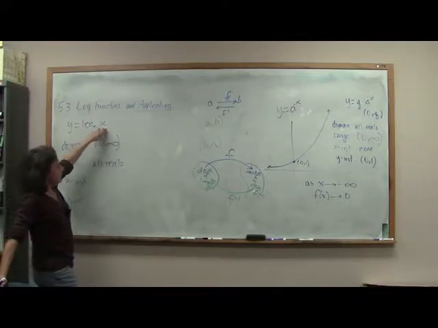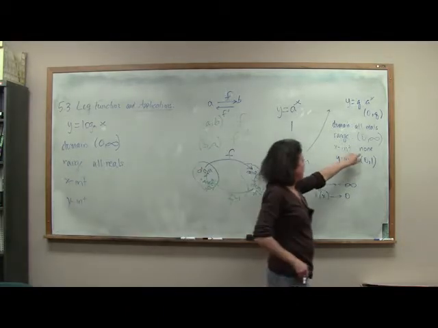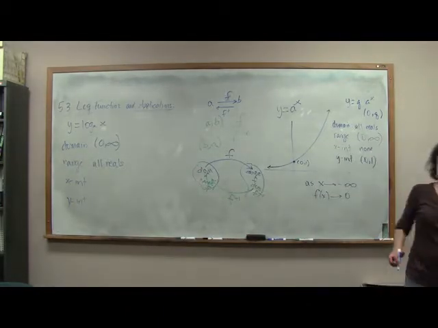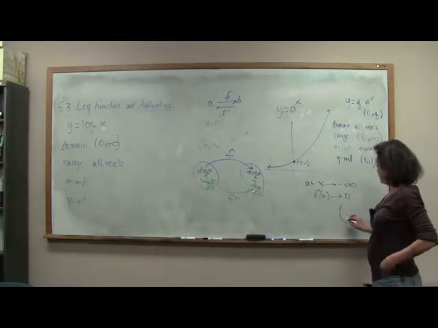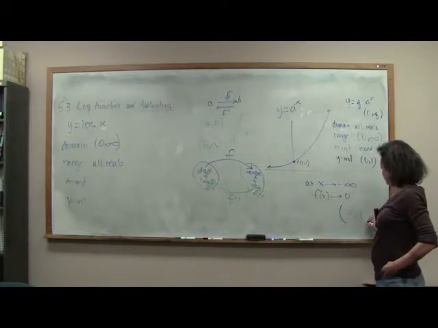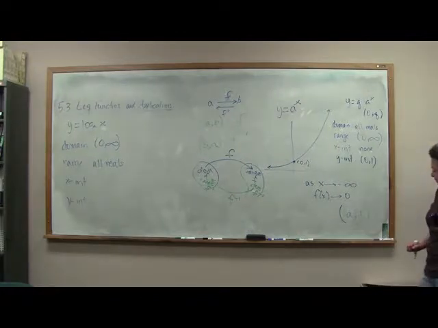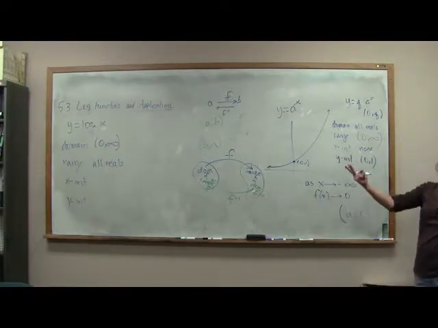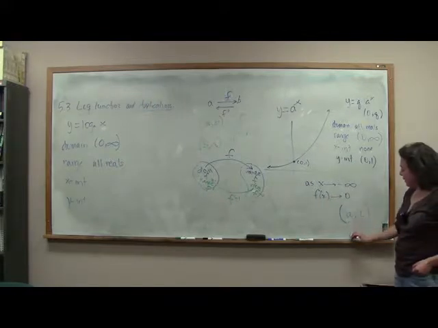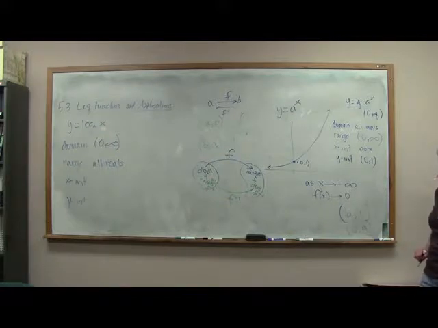Next, we see that there is no x-intercept. In other words, there is no point of the form, we'll call it, say, (a, 0). Well, what does that mean for its inverse? What that means for our inverse is there's no point of this form.